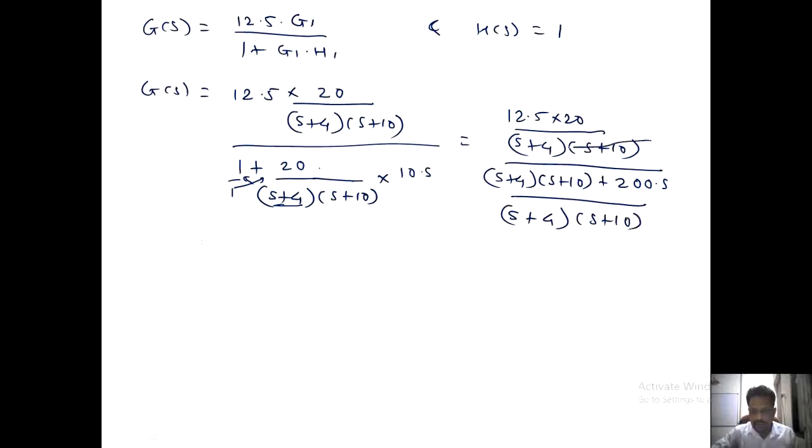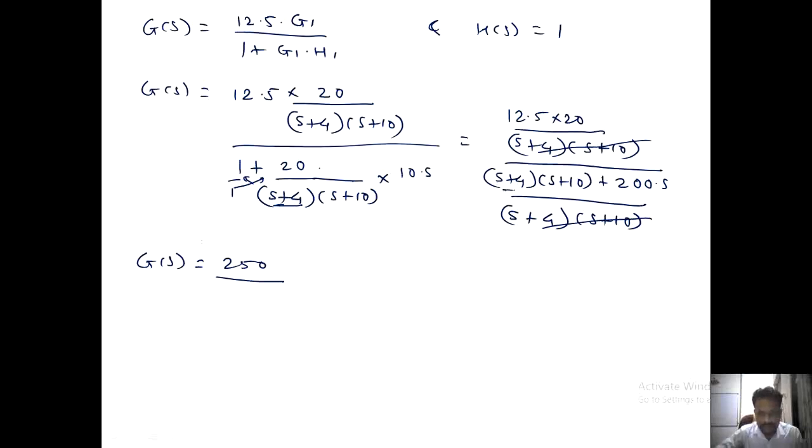Here this denominator and this denominator will get cancelled, so g of s equal to 12.5 into 20. 12.5 into 2 is 25, so 250 by the multiplication of these brackets.